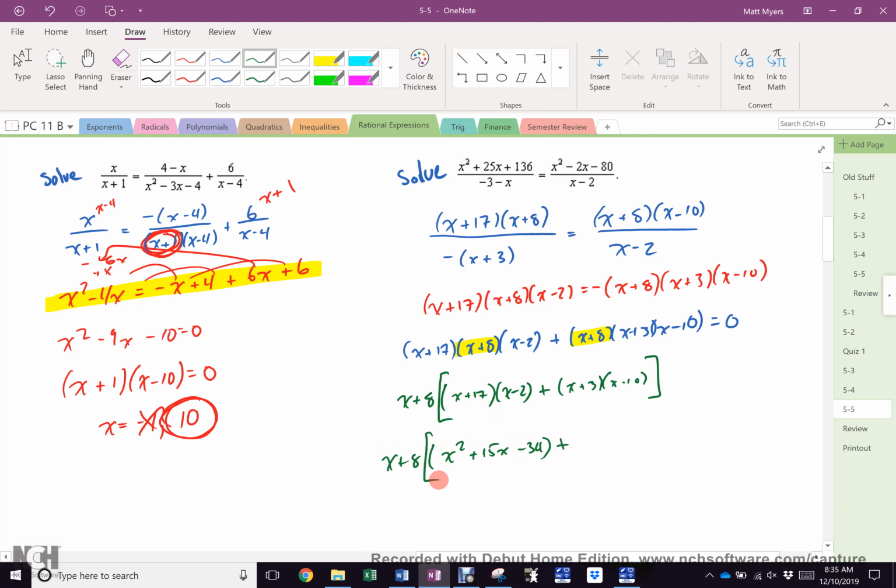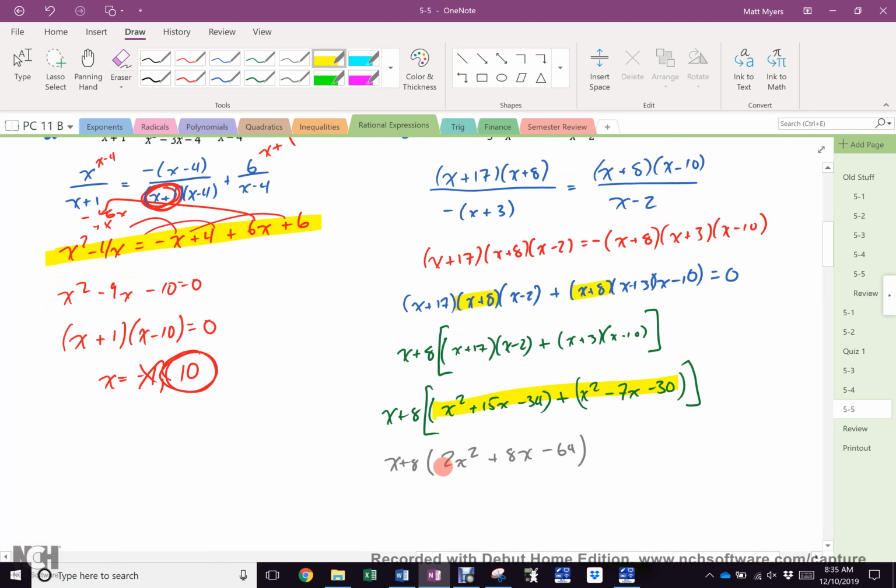Plus x squared minus 7x minus 30, yeah? Now what should we do in there? Same thing we would do all the time, right? We collect like terms, yeah? 2x squared plus 8x, right? Minus 64, yeah?